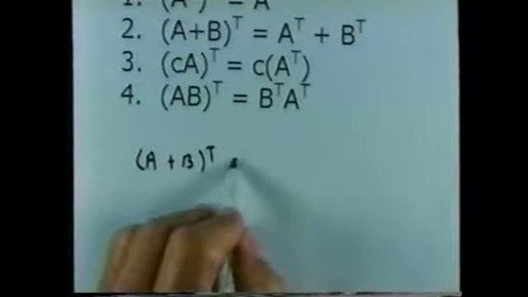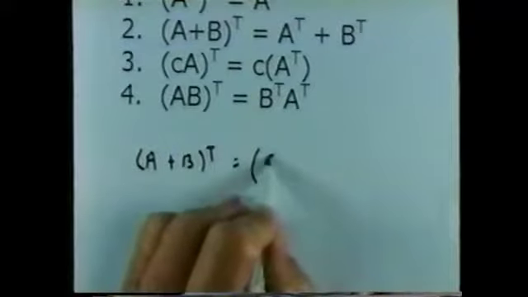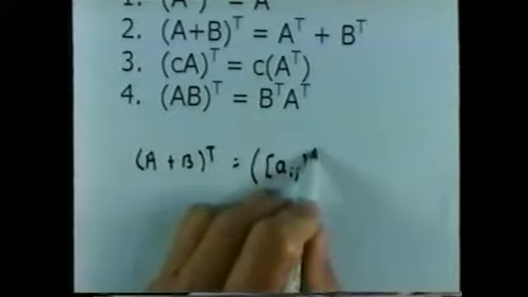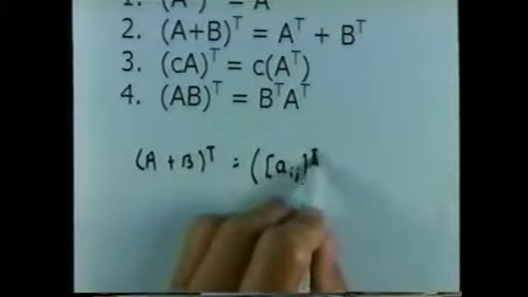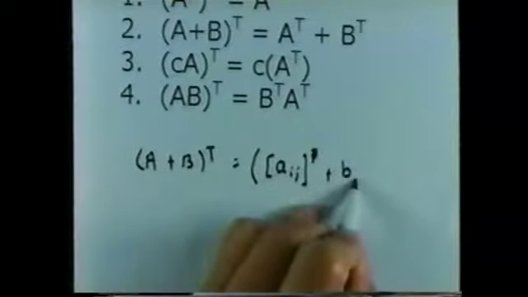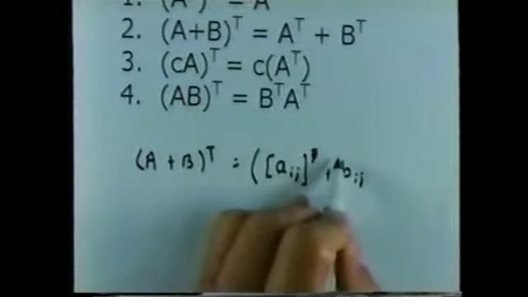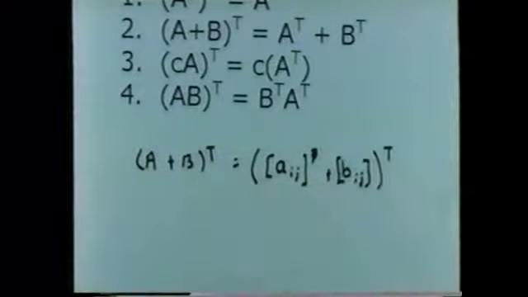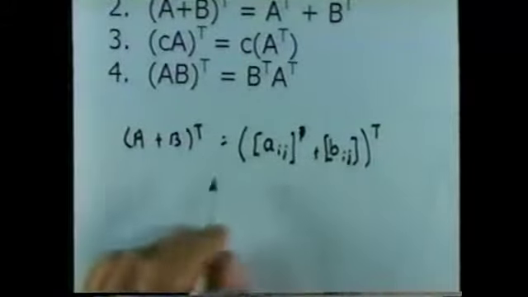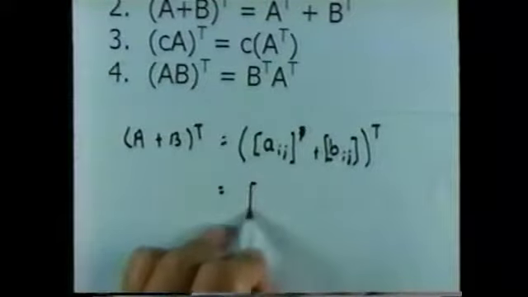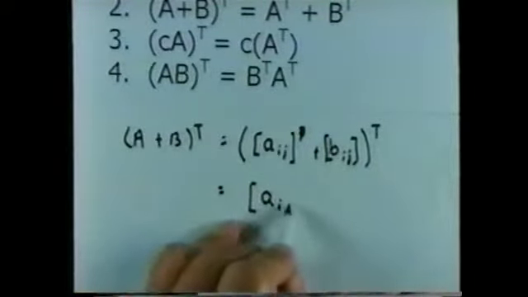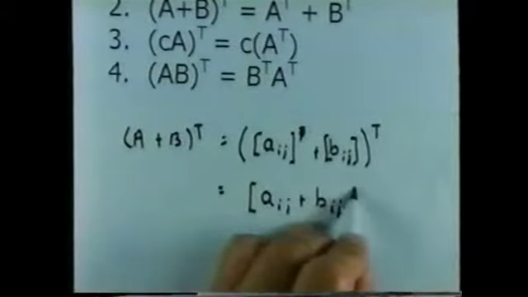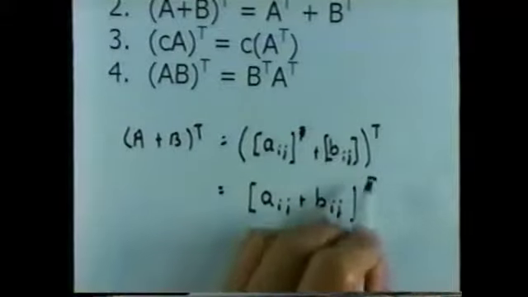Well, A plus B transpose is going to be the same as the matrix of Aij plus the matrix Bij, transpose. By doing this, this would just be Aij plus Bij, transpose.